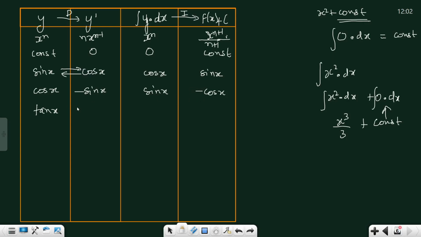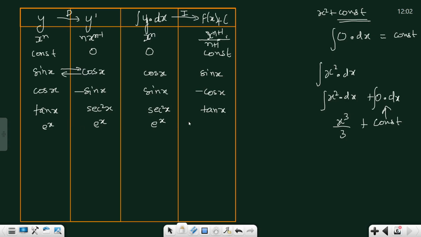Clear? Yes, sir. So when you differentiate tan x, which term will you get? Sec square x. So when you integrate sec square x, you will get tan x. Simple. When you differentiate e to the power x, you will get e to the power x.